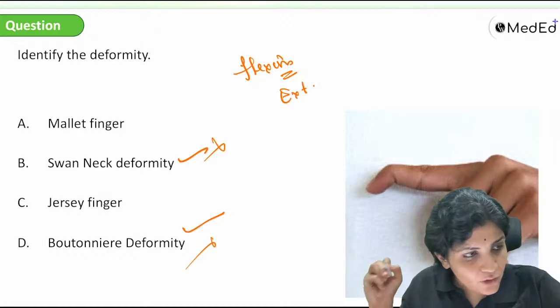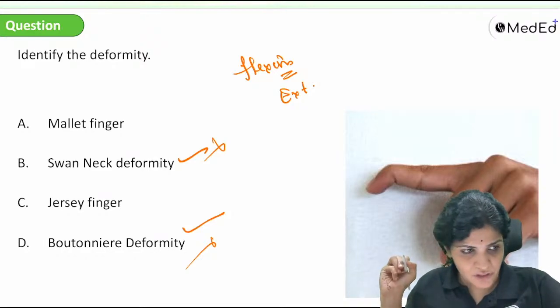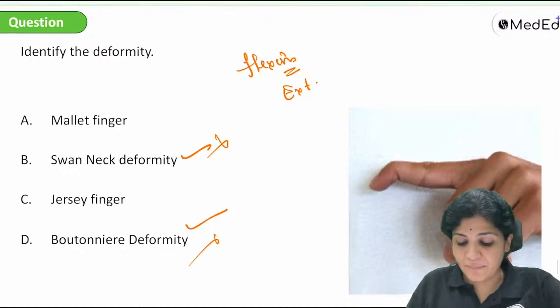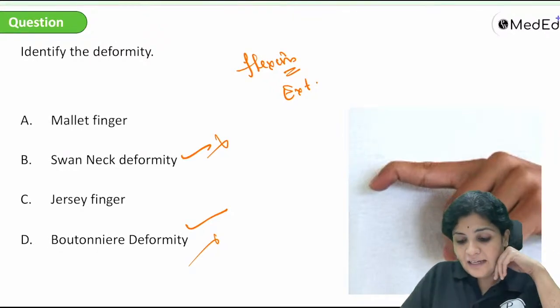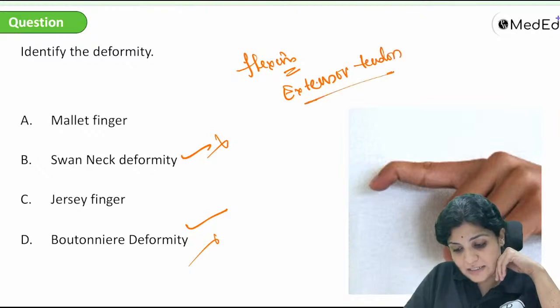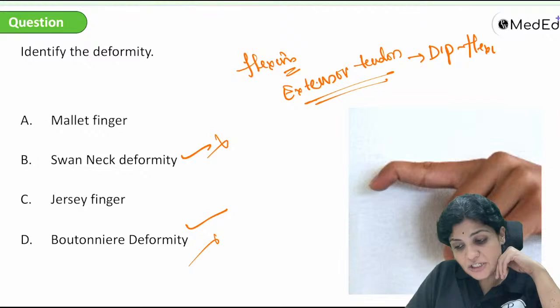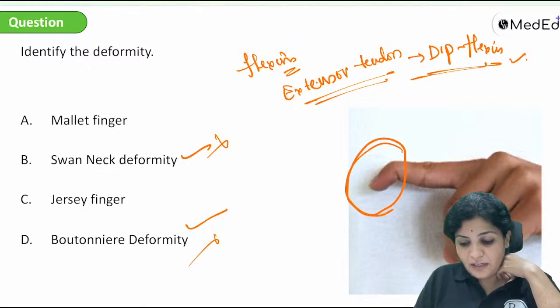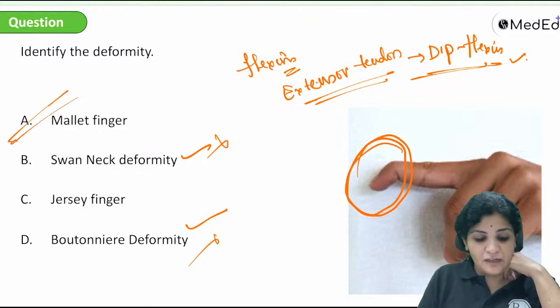We have already crossed the swan neck and boutonniere, right? So this is a mallet finger. Mallet finger is something in the shape of this, and there is damage to the extensor tendon, rupture of the extensor tendon. So this DIP is going into flexion. So this is a mallet finger.